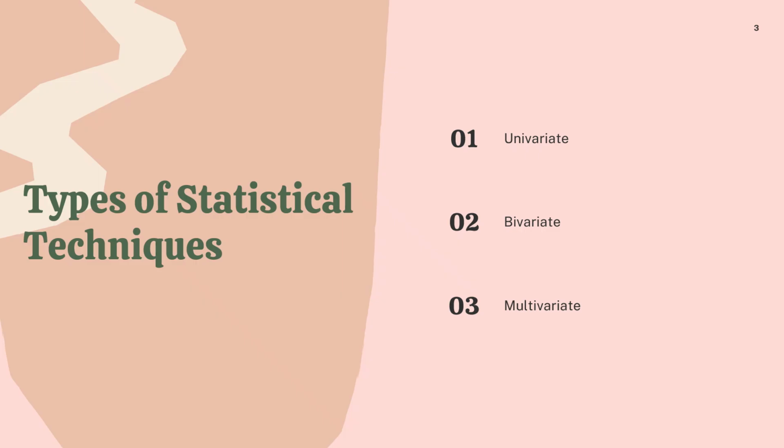The third is multivariate, involving three or more variables simultaneously. As we move through these categories, the level of complexity increases, but so does the amount of insight we gain from the data.